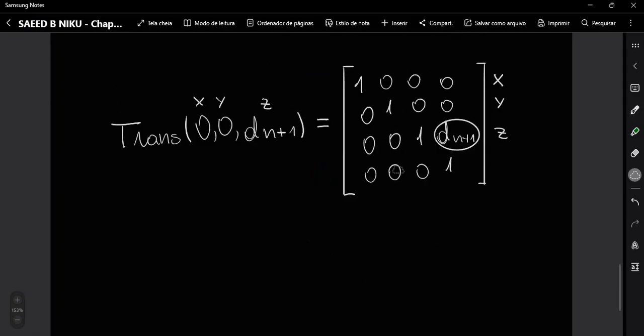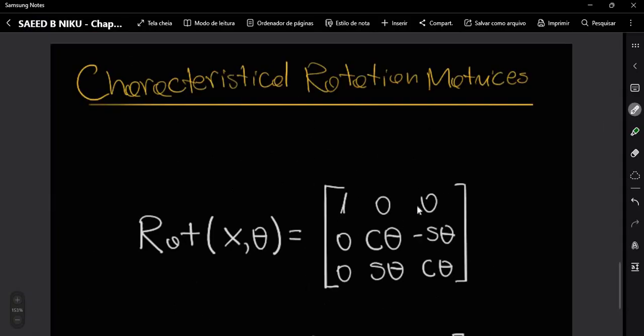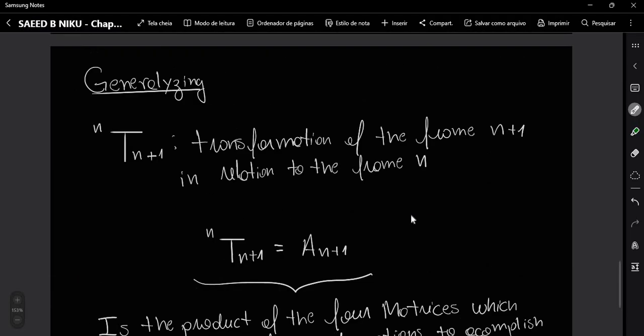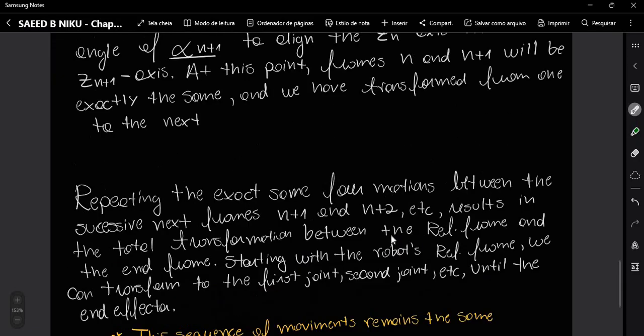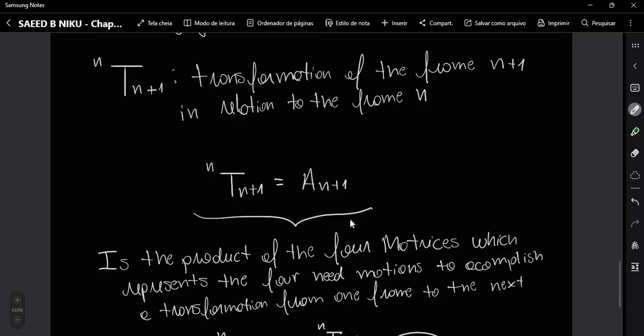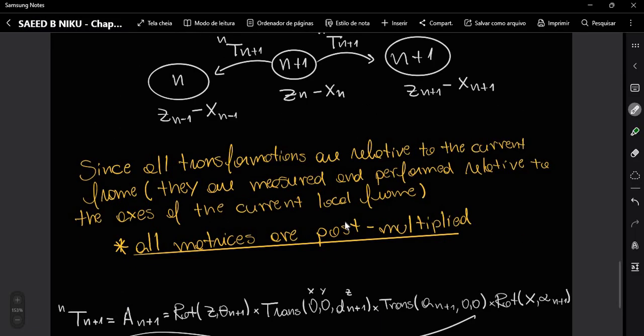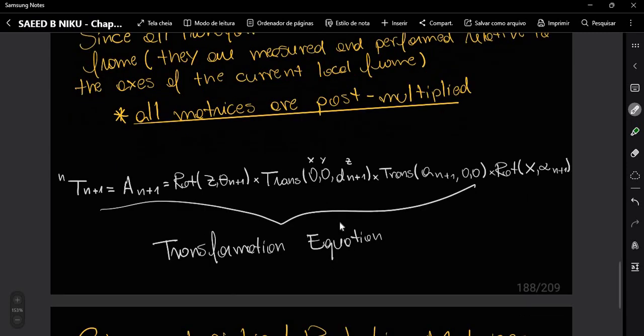So if you remember, this matrix is the product of the transformations. So with these 4 motions, which are translated into transformations, each of these motions in the sequence represents a transformation, either rotation or translation.